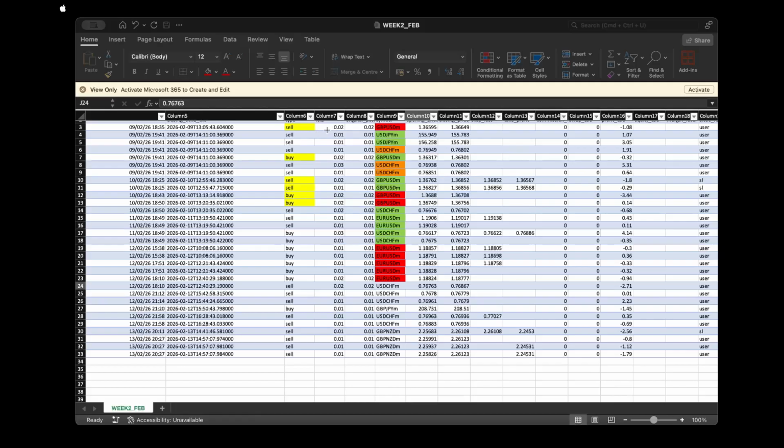So yep, we definitely followed the trade. We got the target as well, but we got manipulated here itself.